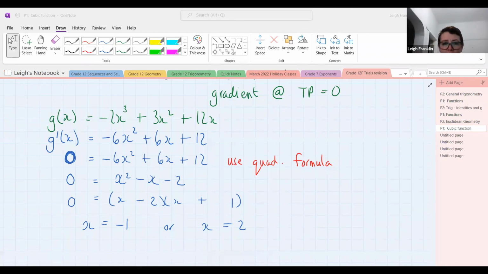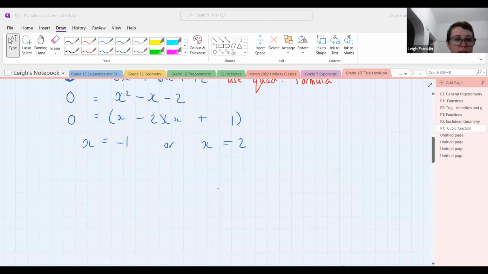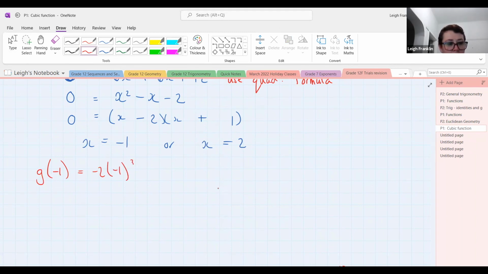Thank you, Nolwazi. Okay, so Nick got negative 7. Let's just have a look. So we are calculating g of negative 1. So we're going to take negative 2 and sub in negative 1 and cube it. Plus 3 times negative 1 and square it.